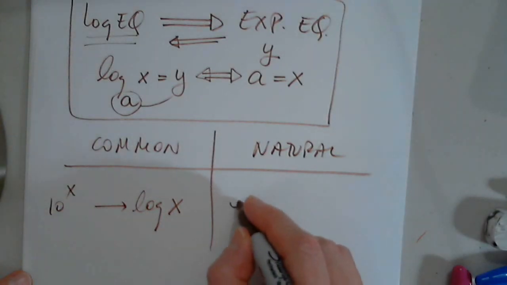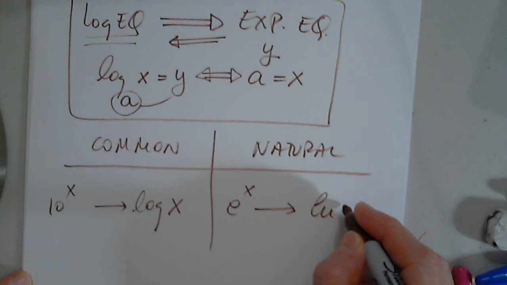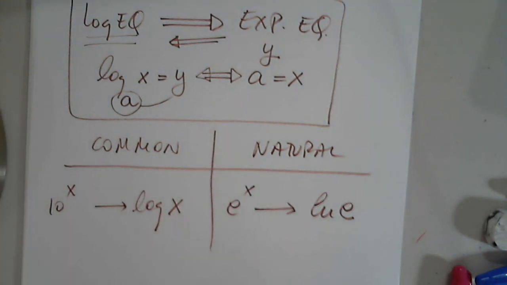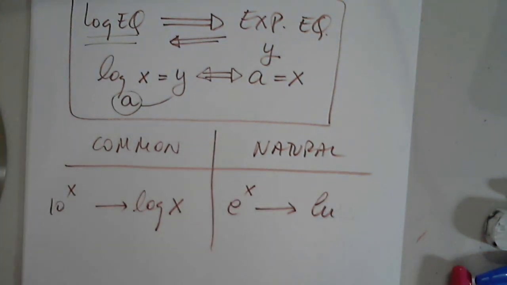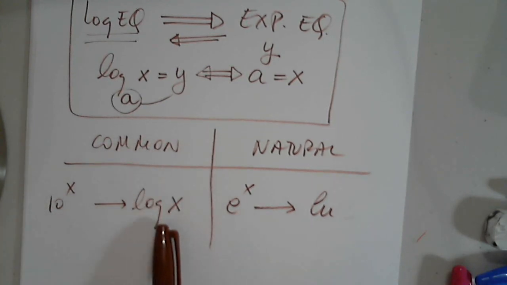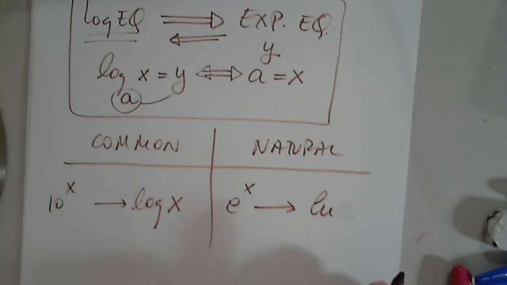The natural is e to the x, and its inverse is natural log, natural log x I meant to write. What will I do without whiteout? I don't know. Natural log x, of course. So obviously this is the common exponential, this is the common log, natural exponential, natural log. I have to let it dry for a second.